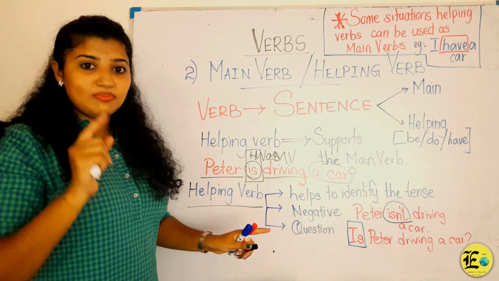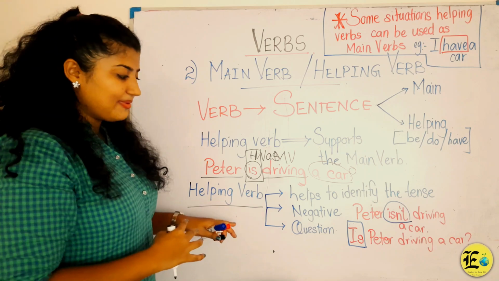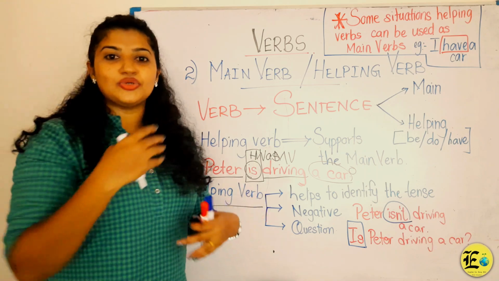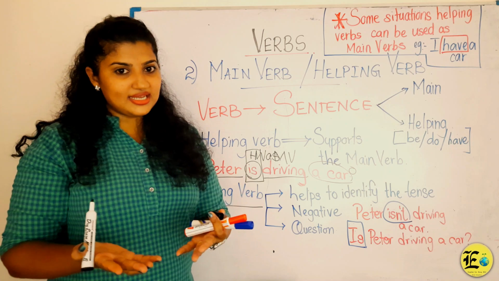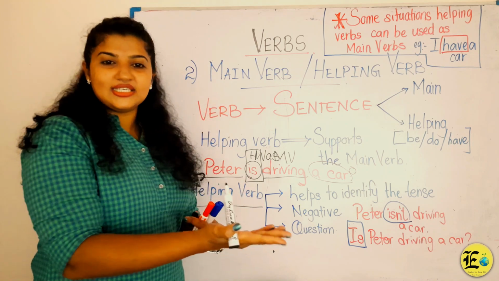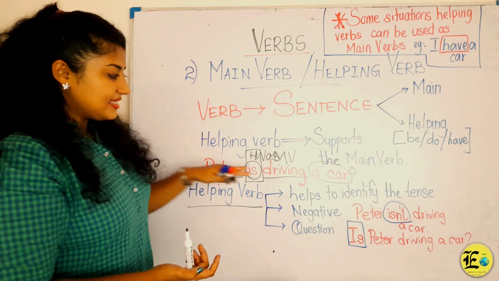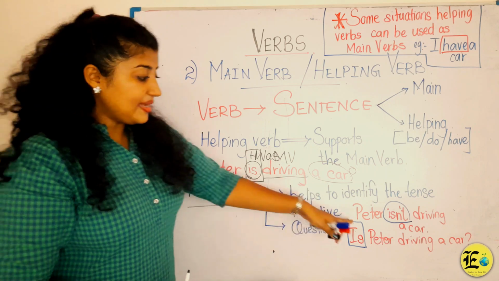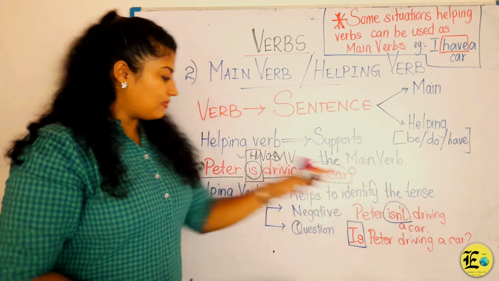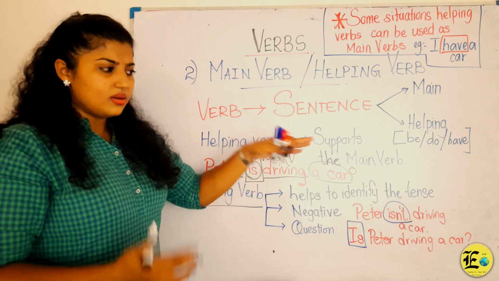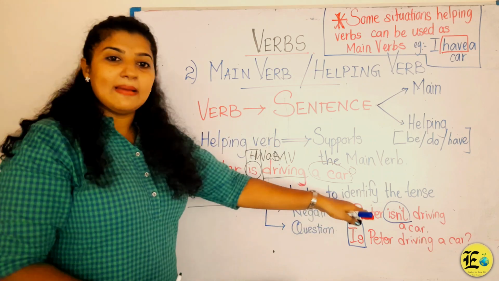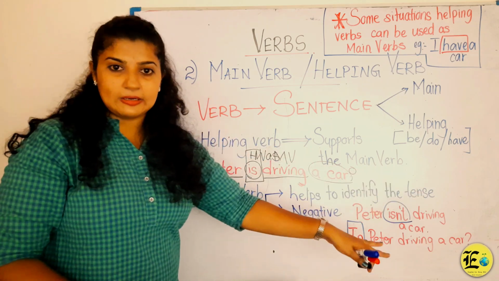The second important function of a helping verb is that it helps to convert a normal or positive sentence into the negative. Just like this: Peter is driving a car. Peter isn't driving a car. Or Peter was driving a car, and the negative form of it is Peter wasn't driving a car.